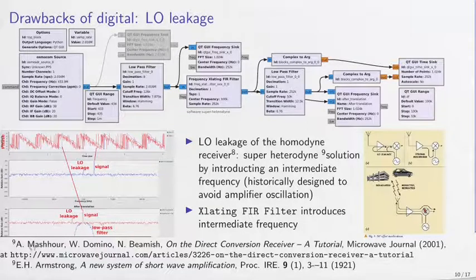So now that mixers have greatly improved with respect to what we had 100 years ago, the local oscillator leakage is less of an issue when analyzing broadband radio frequency signals.